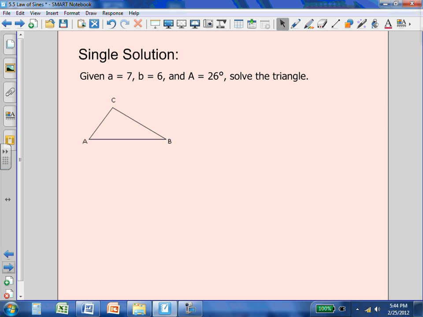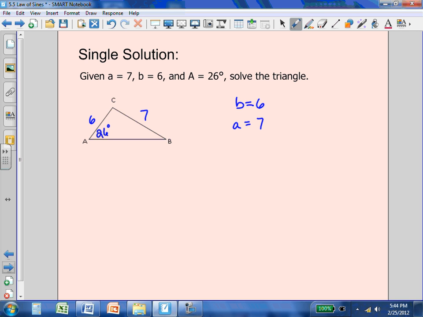So let me label what I have here: side A is 7, side B is 6, and angle A is 26 degrees. Well, if I start looking at my side lengths, so far I know that B is 6 and that A is 7.